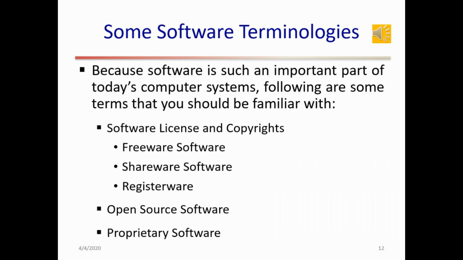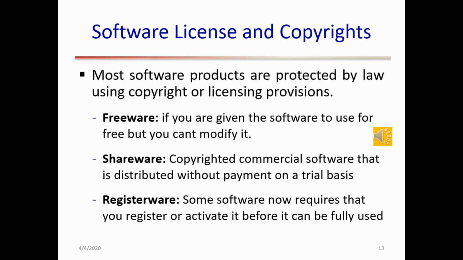Now, after explaining different types of software programs, let us go through some terms that you need to know about software. These terms are mainly about obtaining software, like the software license, open source, and proprietary software. Software licenses and copyrights are used to protect the software programs against unauthorized copying.